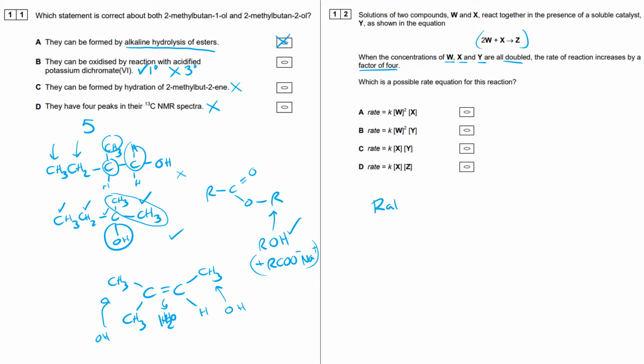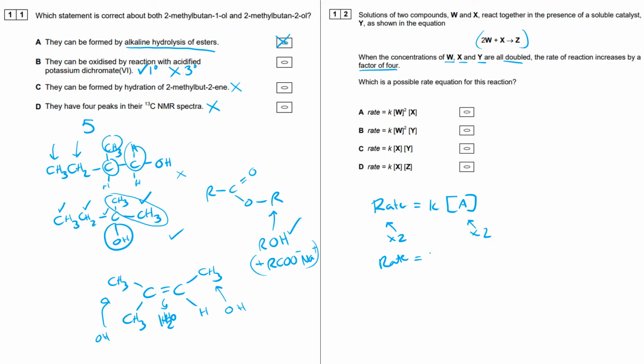So if the rate was first order overall, I'm just going to choose A, B and C because it's irrelevant at this stage. If I doubled one of my reactants, then the rate would also double. So it can't be first order because the rate wouldn't increase by a factor of 4.